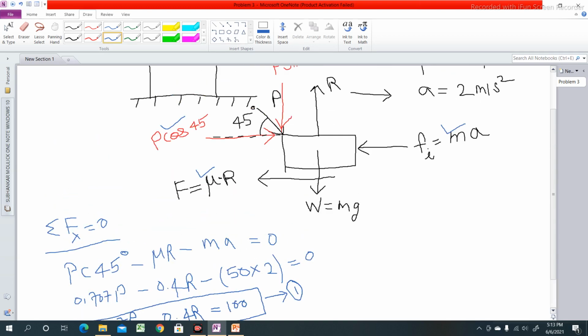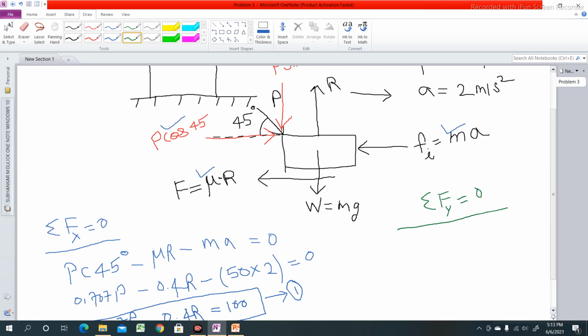Similarly, we will write down the force equilibrium equation along the y-axis. That will be summation Fy equal to 0. Let us write it down. Which forces are acting in the y direction?